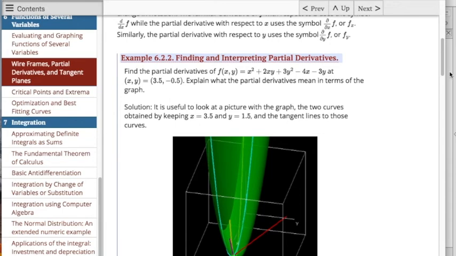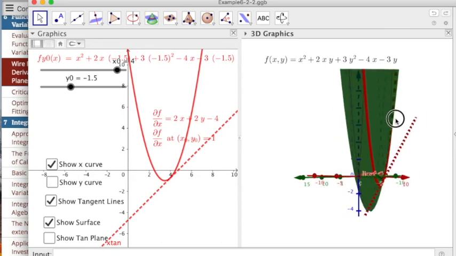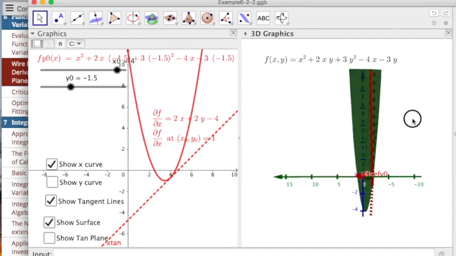If we look down at example number 2, we have a function we're looking at, and it's useful in understanding the function to use GeoGebra to understand it live. So we have the function and the graph of the function, and then I've said what happens if I fix y0 at 1.5. I'll trace out a curve, and if we take this and rotate the curve, we see that's the curve of intersecting the line y equals minus 1.5 with the axis.